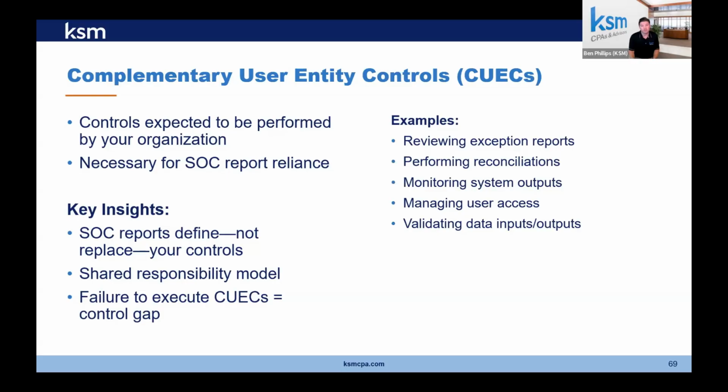These examples may include reviewing exception reports, performing reconciliations, validating data inputs and outputs, monitoring system activity, or managing user access. The vendor controls are designed assuming that your organization performs these activities. If you do not perform them, there may be a control gap.